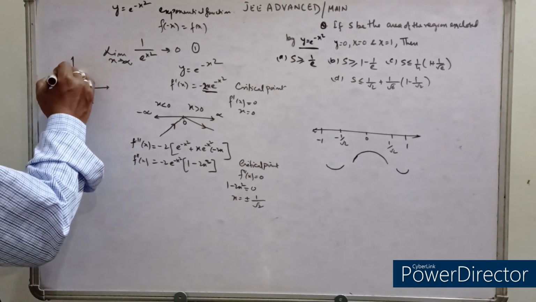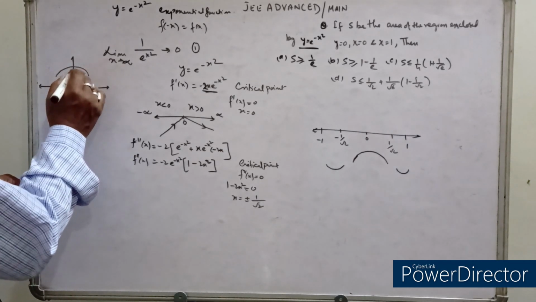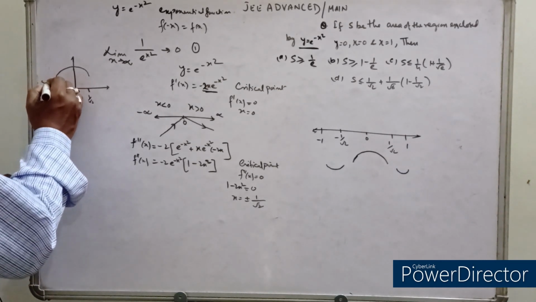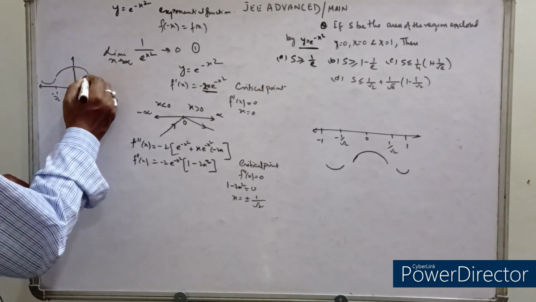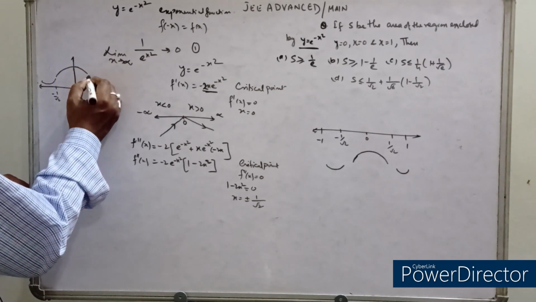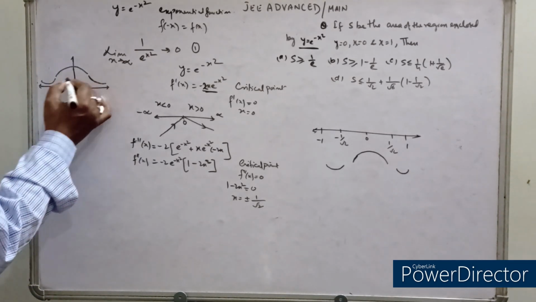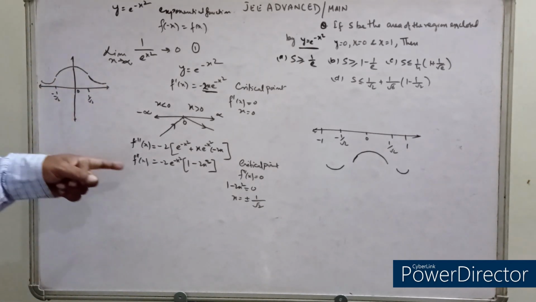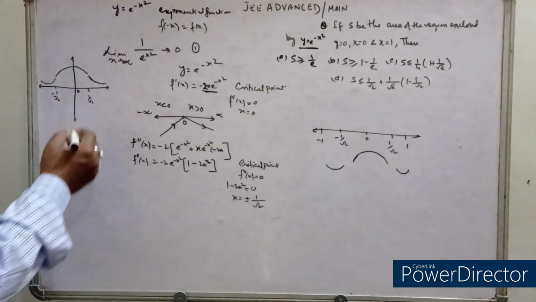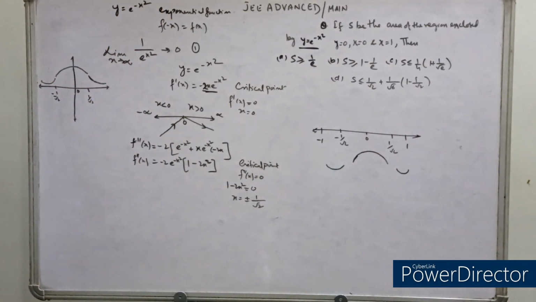The graph is like this because there will be a break here. This is the point of inflection. From the second derivative we get the point of inflection. So here the graph is somewhat like this.